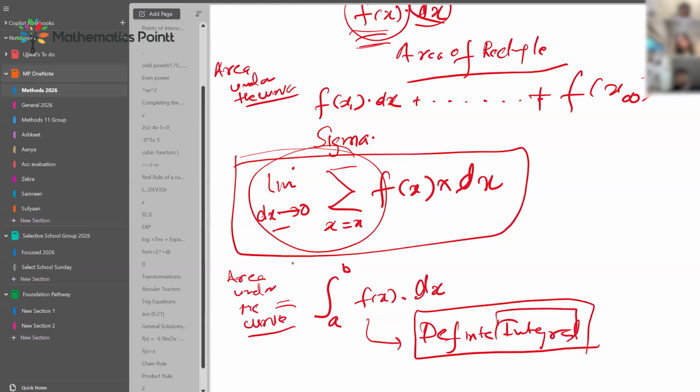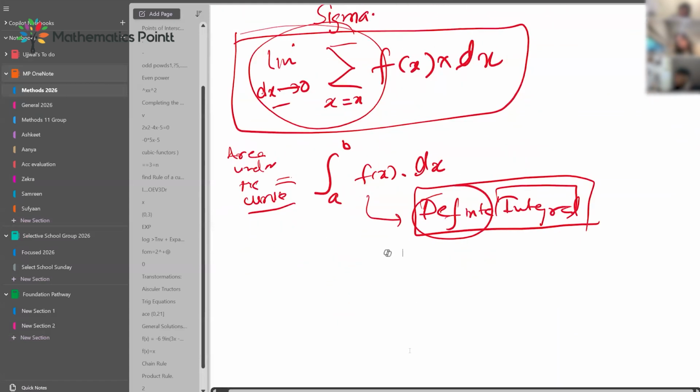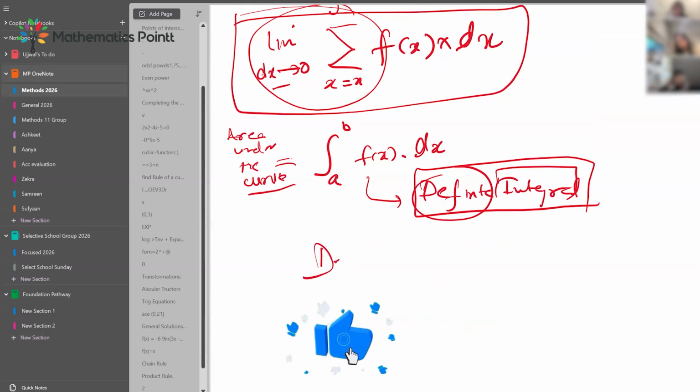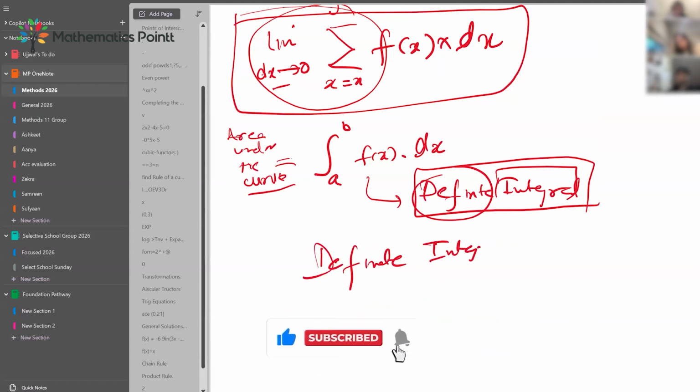Integration. Integration means integrate. Integrate means join together. Join together all the rectangles within a definite boundary, A and B. And that is why it is called definite integral.